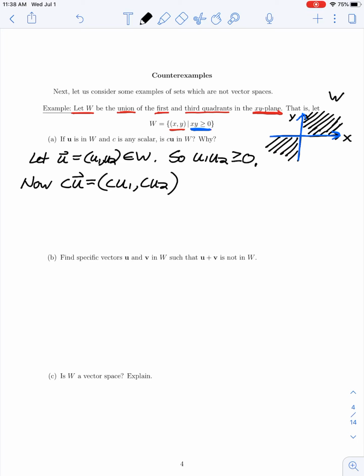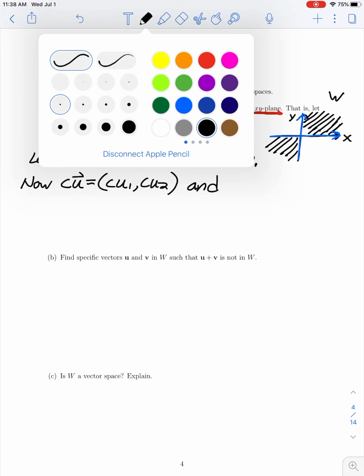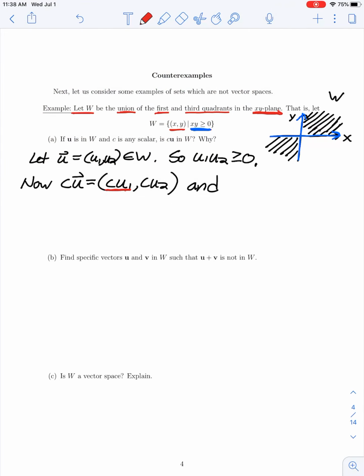The check would be to take the product of the entries, that is c u1 times c u2. Using the associativity of a product for real numbers, we could rewrite this as c squared times u1 u2.